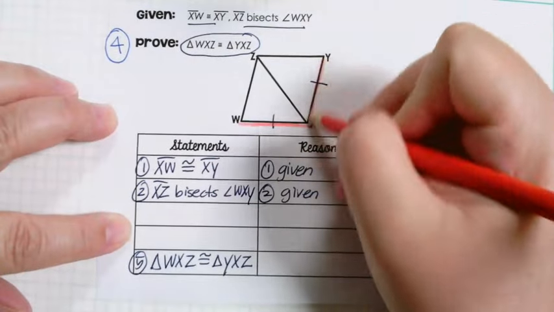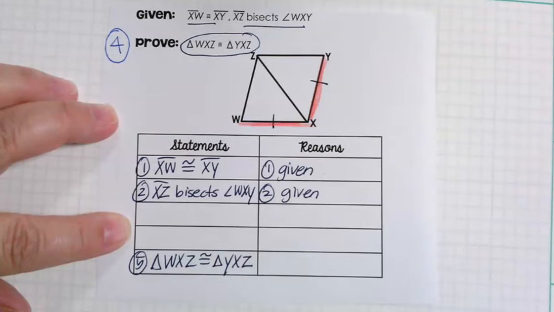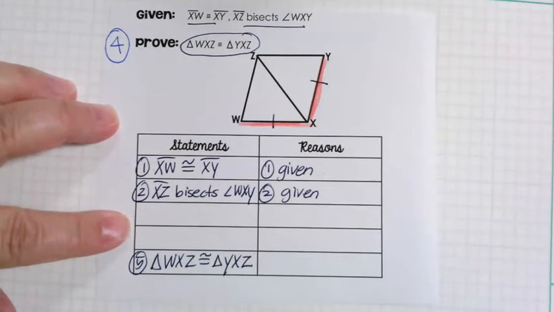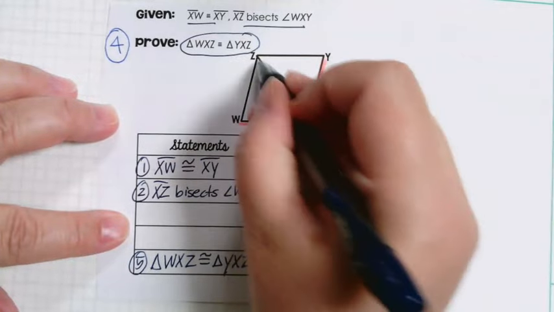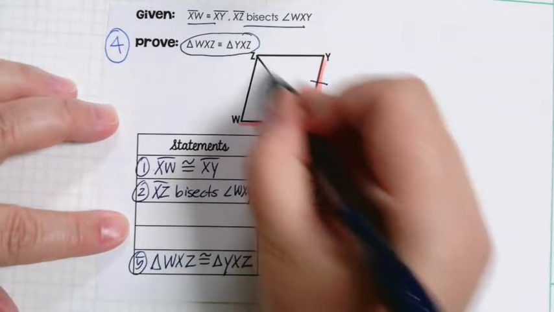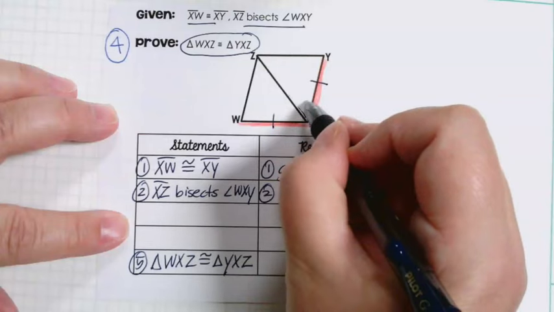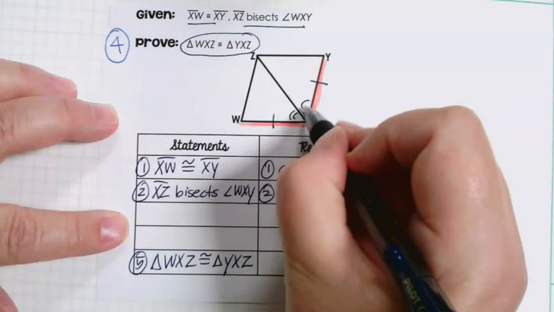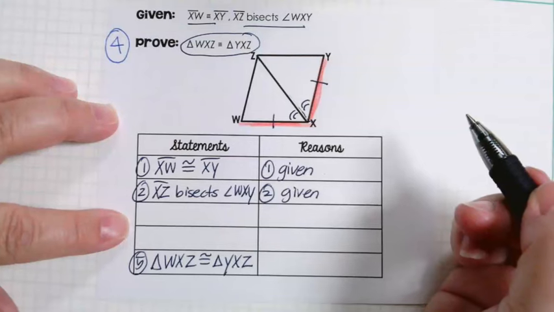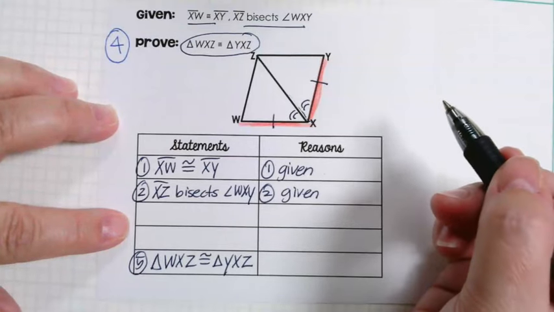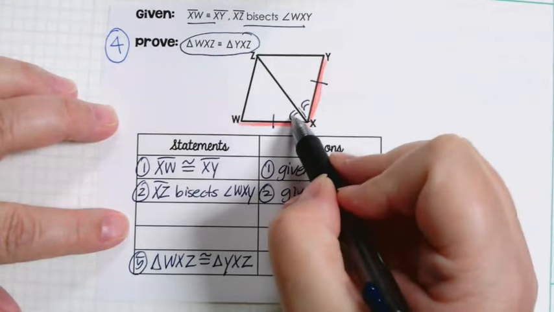WXY is what I just went over in red. That's the angle. To bisect an angle is kind of like a midpoint. XZ is cutting this angle into 2 smaller congruent angles, like this. That's what an angle bisector does. It cuts the angle into 2 smaller congruent angles.